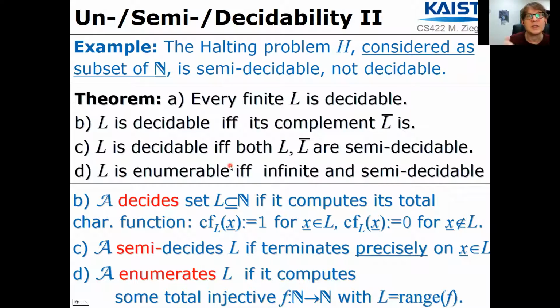Whereas enumerating is outputting all elements of the set in an arbitrary order, not necessarily lexicographical order, and outputting here is formalized in terms of a total computable function, which is furthermore supposed to be injective, meaning that no element of the set is allowed to be output twice.